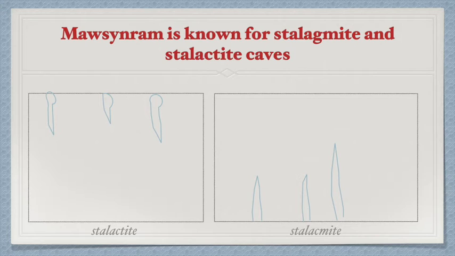The deposit on the upper wall inside a cave is called a stalactite, whereas the mineral deposit caused by the rainfall droplet from the ground upwards is called a stalagmite.